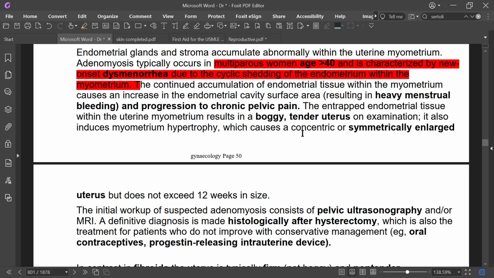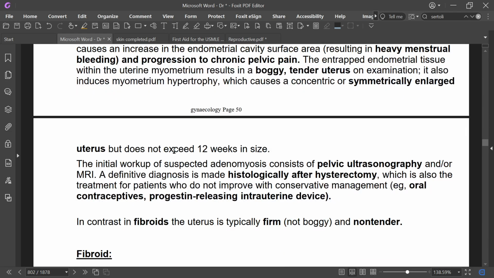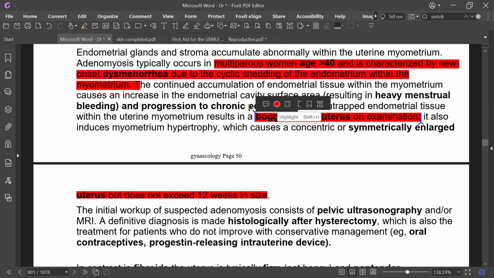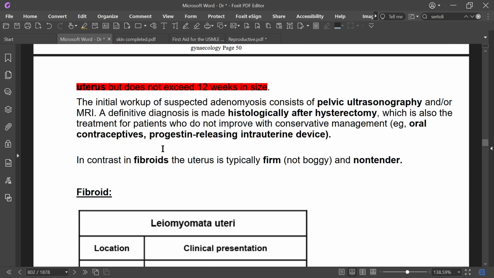It is a symmetrically, concentrically enlarged uterus but does not exceed 12 weeks size. This is important.